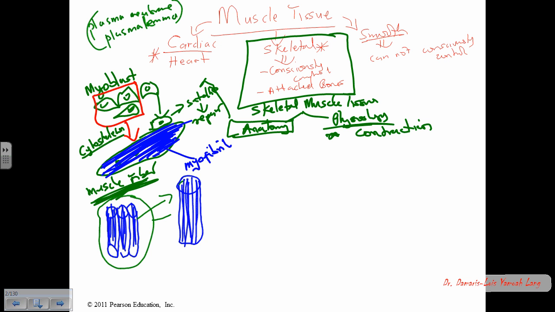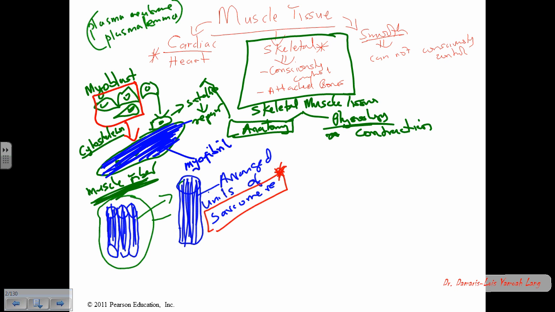These filaments are arranged nicely into units called sarcomeres. So a myofibril is made up of a lot of sarcomeres. And we are going to look at how one sarcomere will look.